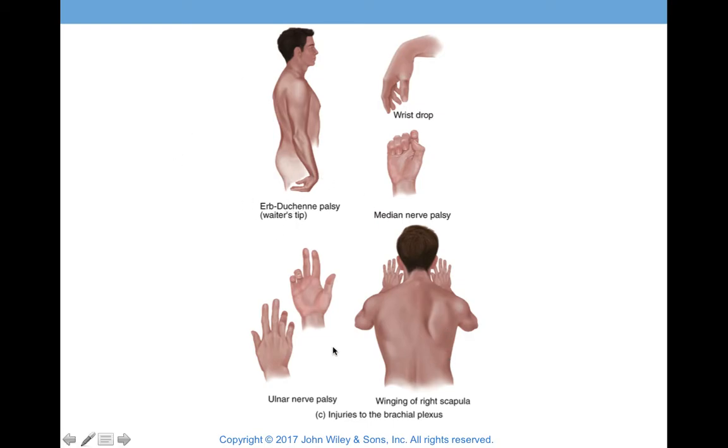Ulnar and radial injuries also occur here. Or wrist drop, claw hand, and winged scapula. So as you can see, because of nerve disorders or nerve function, the wrist is not able to basically stay at its normal orientation, or the grip of the fingers changes because of the nerve supply as well.